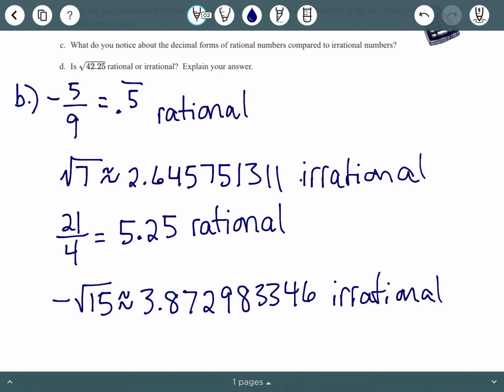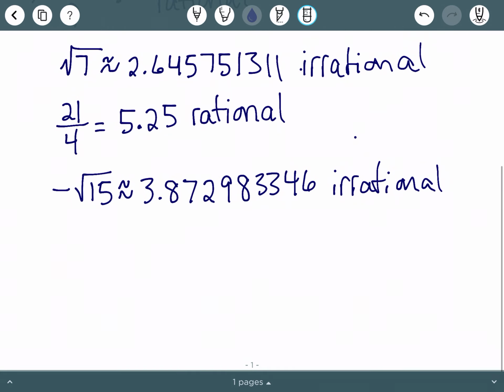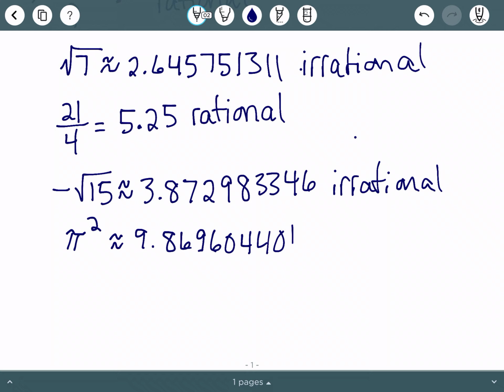Our next number that we are given is pi squared. Once you put that into your calculator, you are going to get a number that is approximately 9.869604401.